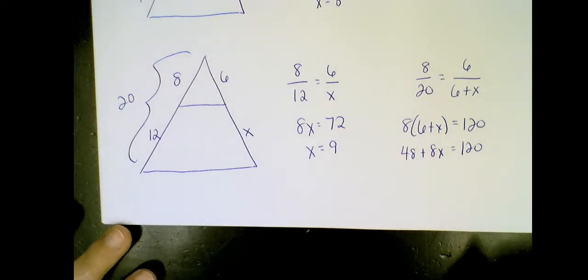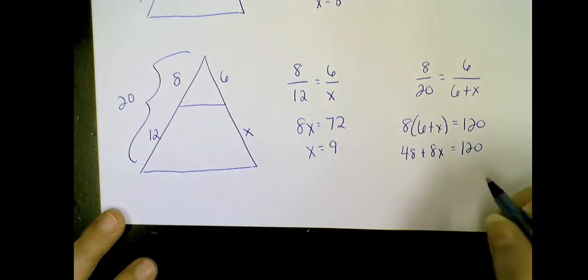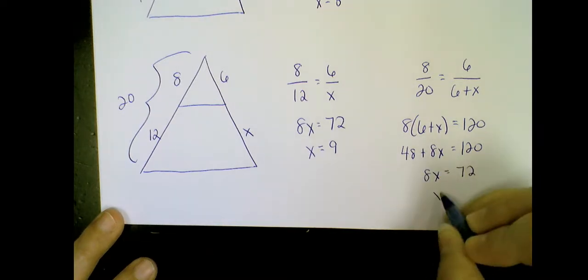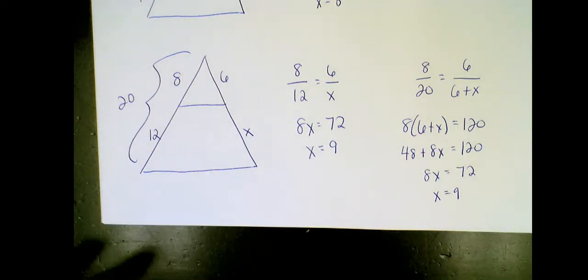And then 48 plus 8x would equal 120. And if you subtract 48, you would end up with the same answer.